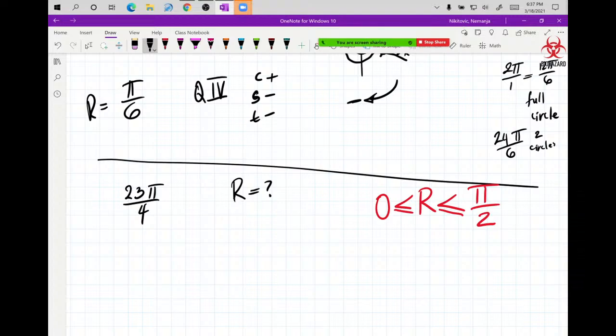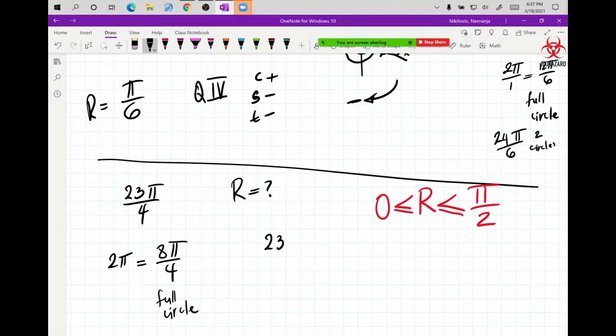Cool. So the full circle is 8 pi over 4, right? So that's the full circle. Now your job is to keep subtracting 8 pi over 4 until you hit a number that you can't take it away from anymore.